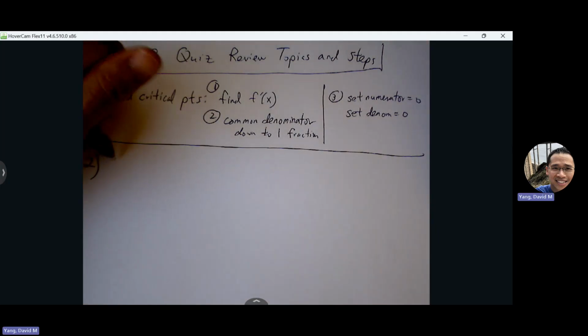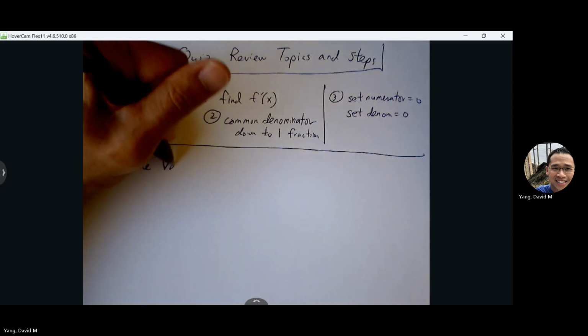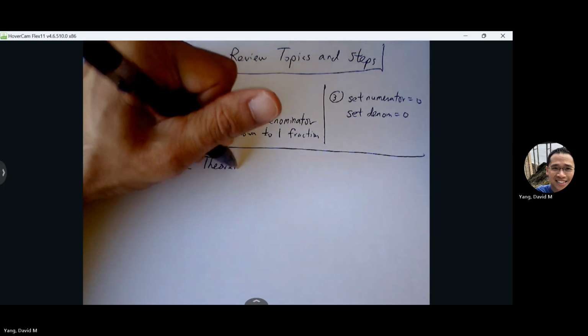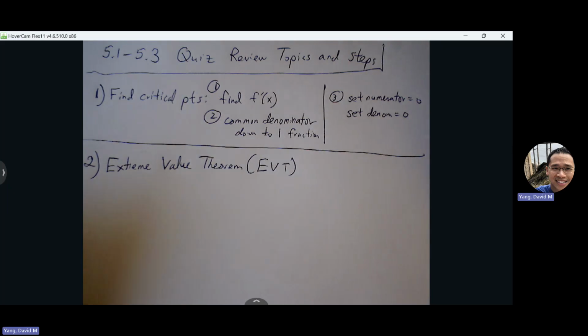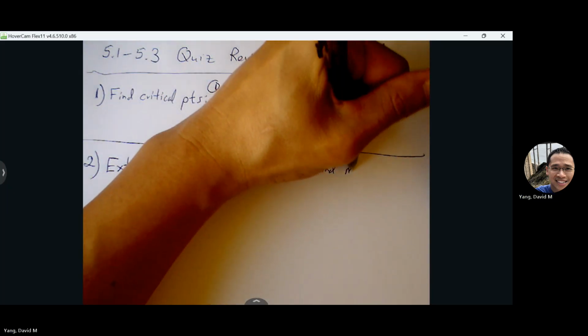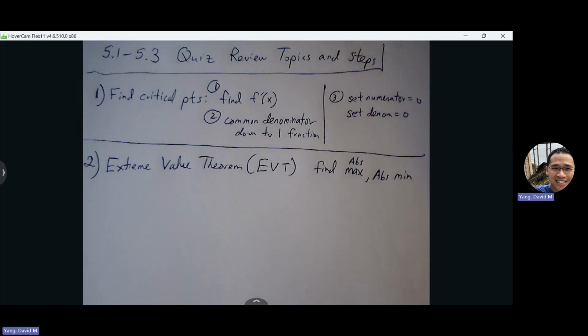Okay. Second major topic is extreme value theorem, or EVT. The purpose of EVT is you're trying to find your absolute max and your absolute min. Over the interval of the graph, you're just trying to find what is the highest y value and what's the lowest y value, and that's our goal.